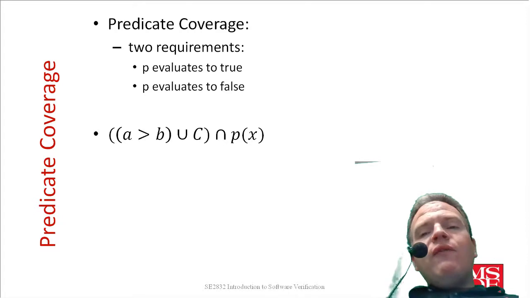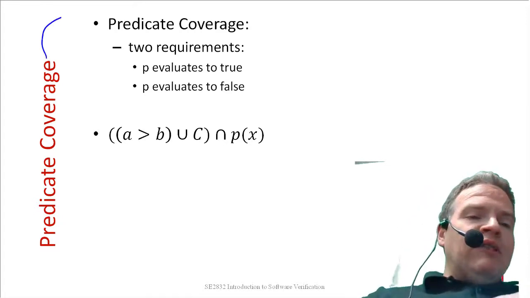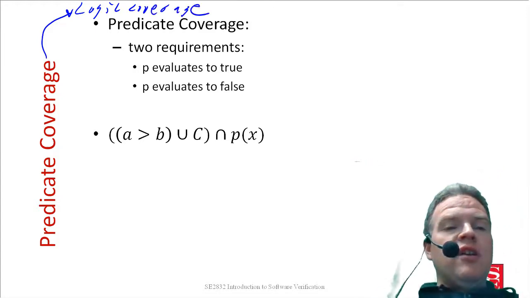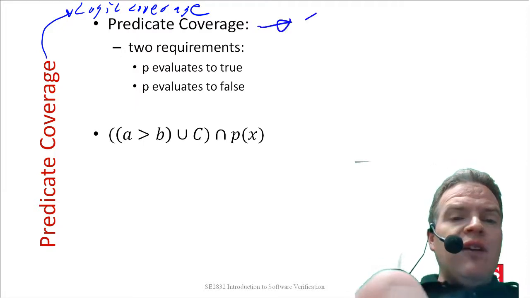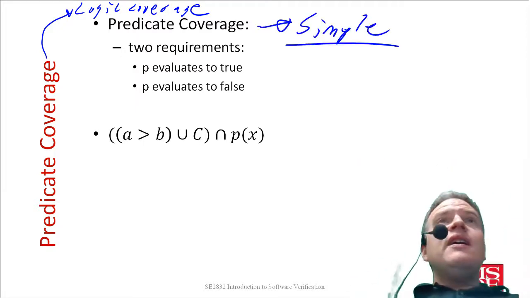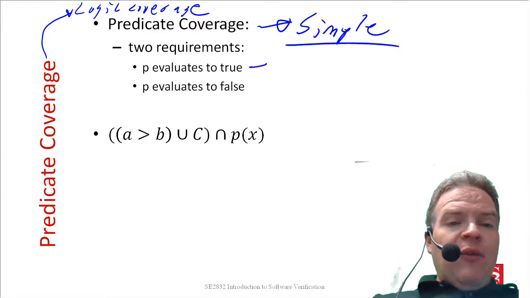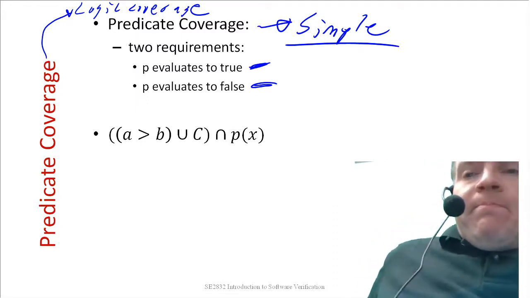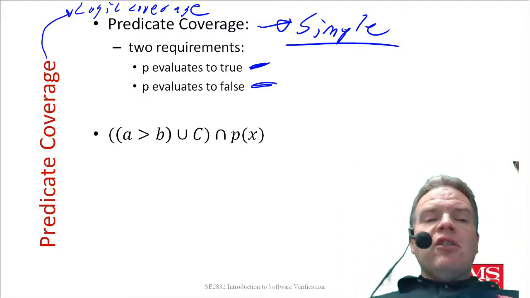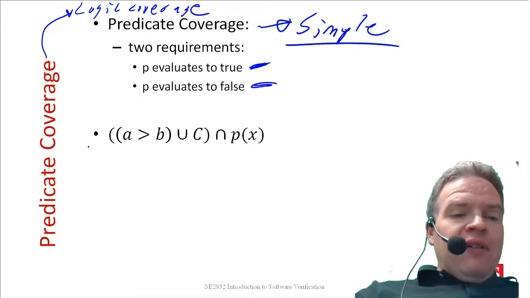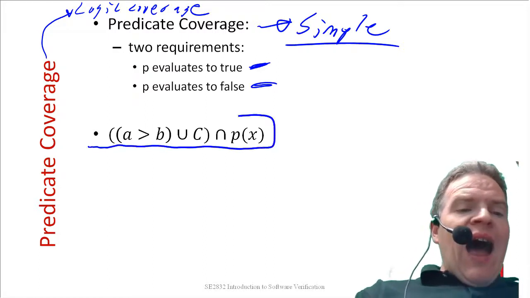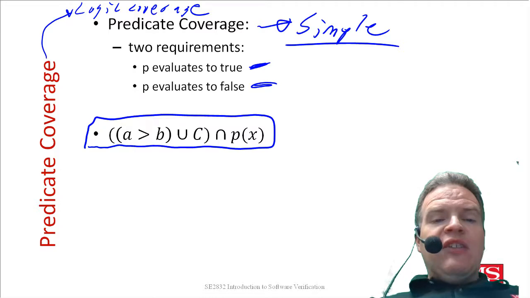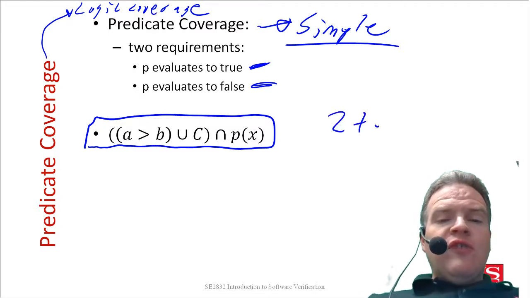Now, the simplest form of logic coverage is the concept of predicate coverage. Predicate coverage is very simple in that it requires that our predicate evaluate to true and evaluate to false. Let's take a look at this predicate. I can obtain predicate coverage on it very easily with two test cases.